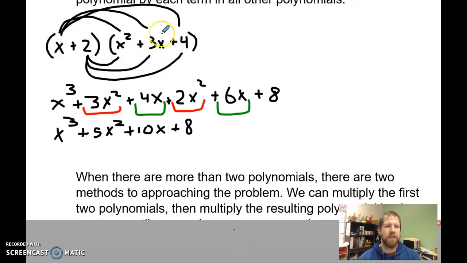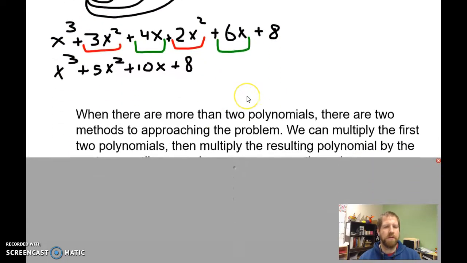That's pretty easy to keep track of. It's not too hard to make sure that you get all your terms, and you should be able to tell how many terms you will have just by multiplying the number of terms in each of your polynomials. So I've got 2 terms in this one, 3 terms in this one, so I should have 6 altogether, and then simplify down to some other number of terms.